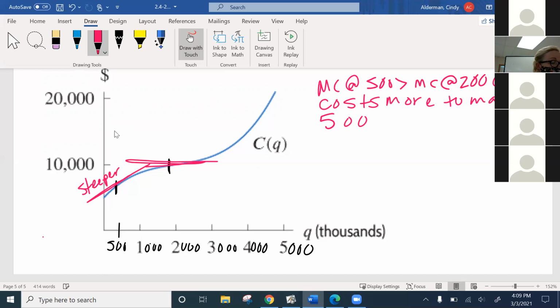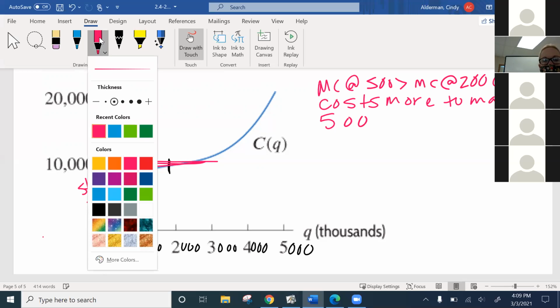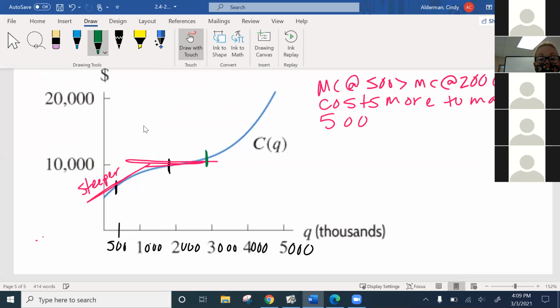All right. Does it cost more to produce the 3,000th item or the 4,000th item? So what do you guys think? Just looking at your graph. So we're looking at 3,000 compared to 4,000. Kind of want to draw in a tangent line. So which one is steeper? 4,000.